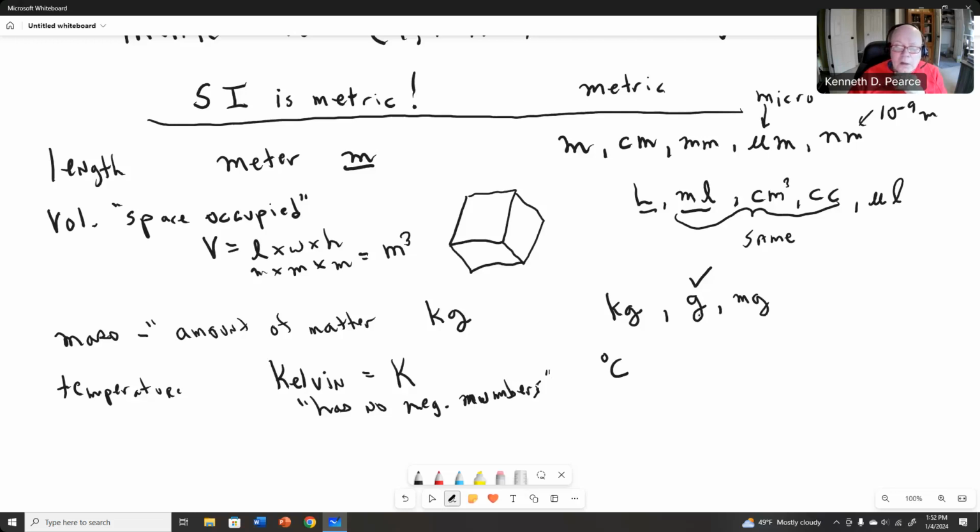But degrees Celsius is still metric. It's just that in many calculations you can use degrees Celsius, but you can't use them in all of them. And you're generally safer using Kelvin in calculations involving chemistry or physics.